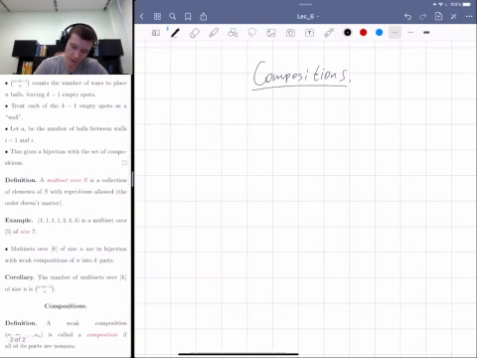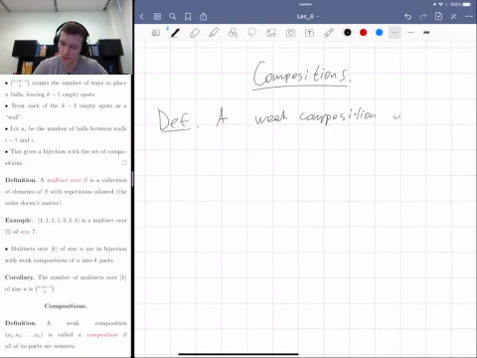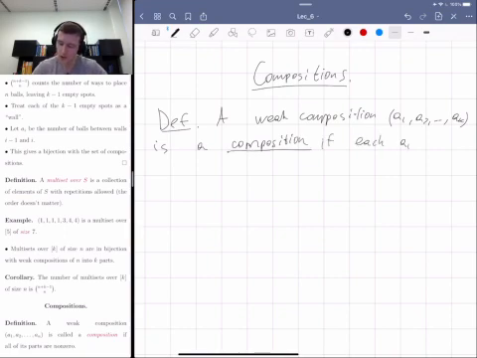So definition: a weak composition A1, A2, all the way up to AK is called a composition if each AI is a positive integer.